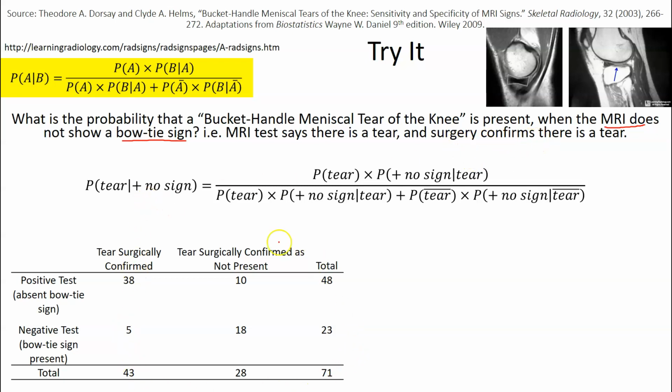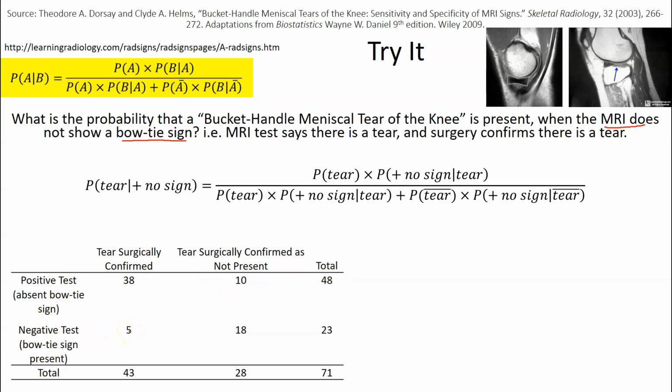And I've got a table here, just so you understand what's going on. So we've got positive tests, signs of the bow tie in MRIs, 38 that were confirmed surgically. And then here we've got tear surgically confirmed as not present. So the test was positive, but was not surgically confirmed. That would be a false positive there. And then, of course, we've got negative.